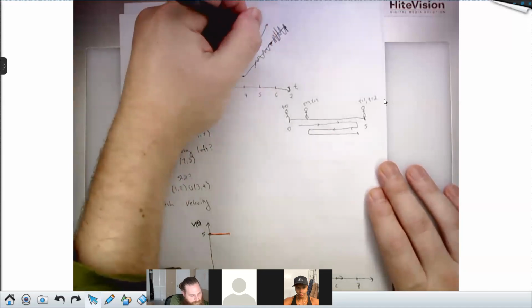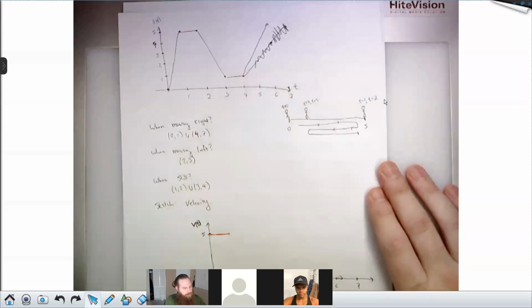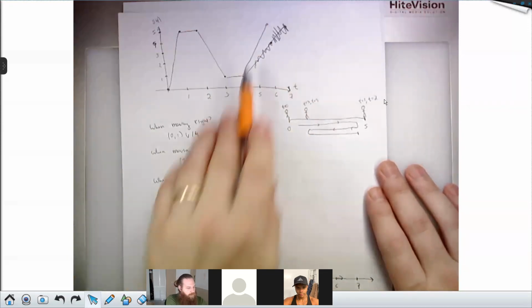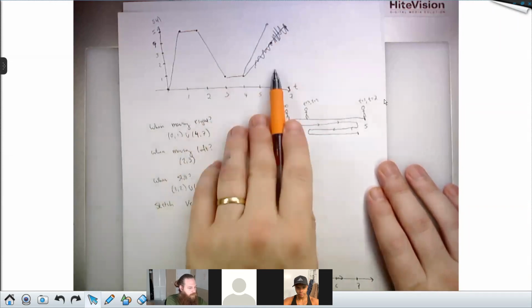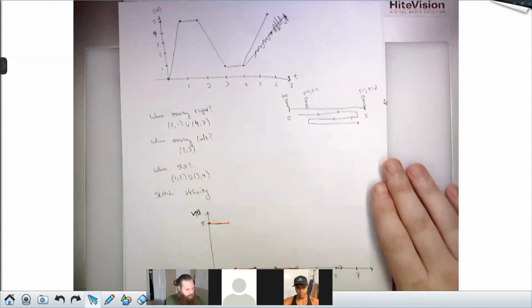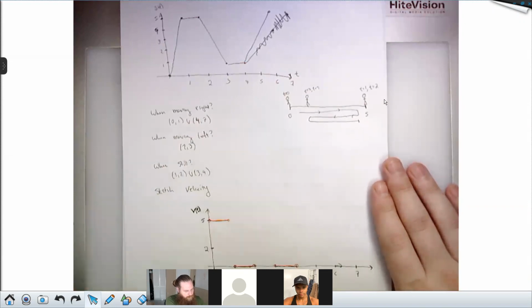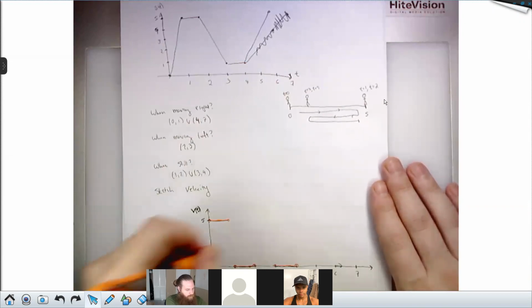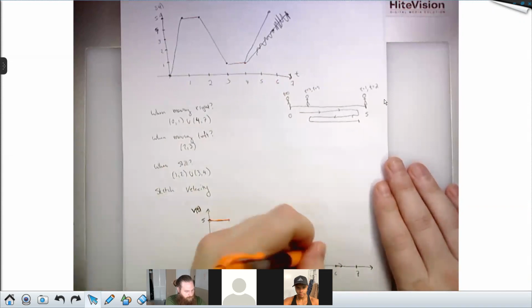We go all the way back out to 5, but we only do it over a 2-second interval, not a 3-second interval. So then that slope is going to be this rise over this run, which is 4/2, which is 2. And we do that from time t equals 4 to time t equals 6.